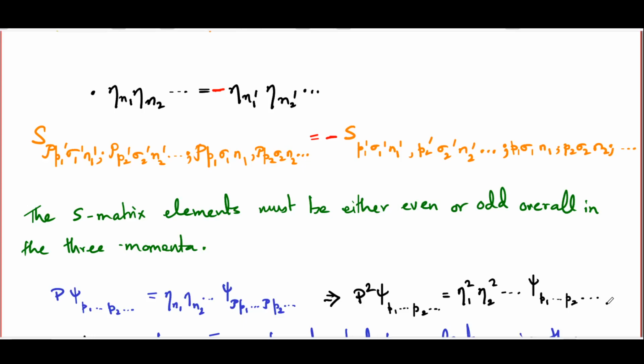However, I would like to point out that this equation itself is not an eigenvalue equation. The two psi's on the two sides are different, unless, of course, all the particles involved were at rest. So while this product of eta n1, eta n2 is actually an eigenvalue for P, this psi is not an eigenvector, and that is something you have to be careful about.